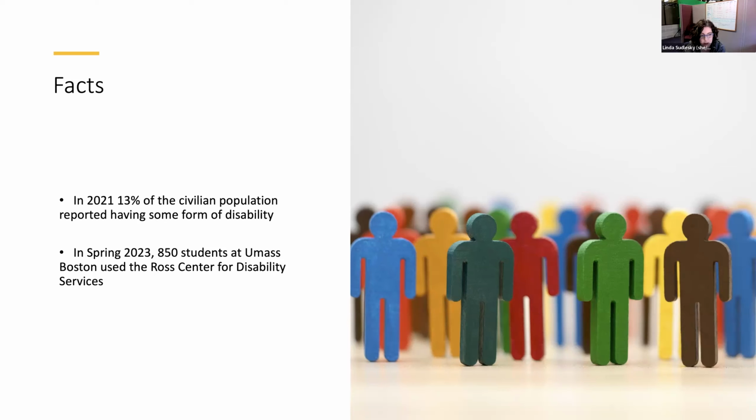And also important to note is that in spring 2023, there were 850 students at UMass Boston who used the Ross Center for Disability Services. My colleagues at the Ross Center have informed me that this number has gone up significantly since 2020. And this could be in part due to the increase in mental health issues since that time, as well as the increase of the use of digital materials and online learning since the pandemic. So those are things to keep in mind.